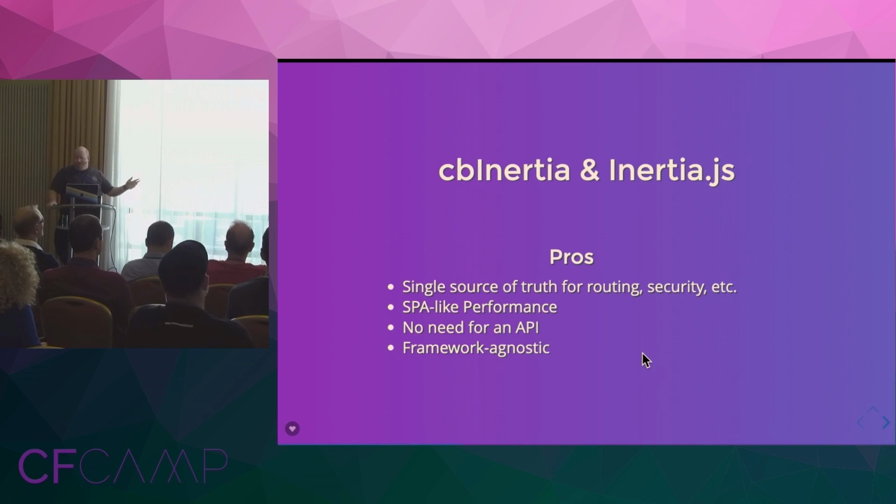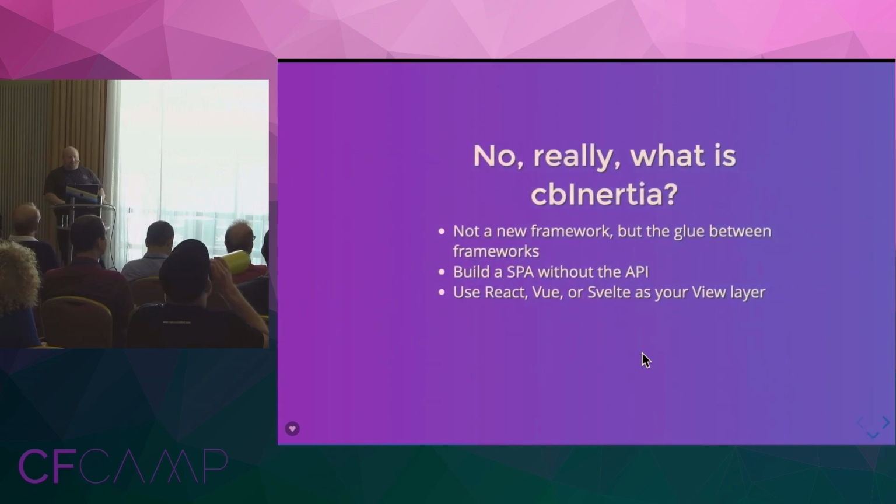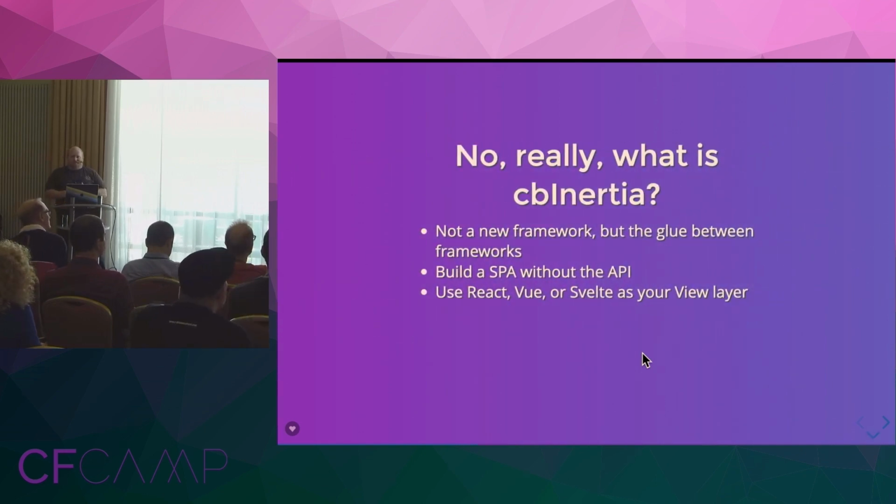We're going to talk about Vue today, but you can bring React, you can bring Svelte, you can use something besides ColdFusion on the back end. Sorry, I didn't say that out loud, but it is framework agnostic. It's kind of the glue between these libraries, between your server and your client. So what is InertiaJS?